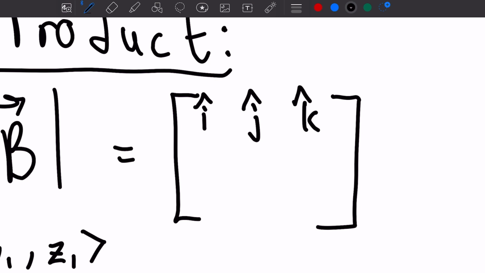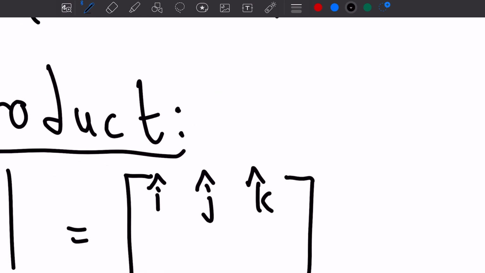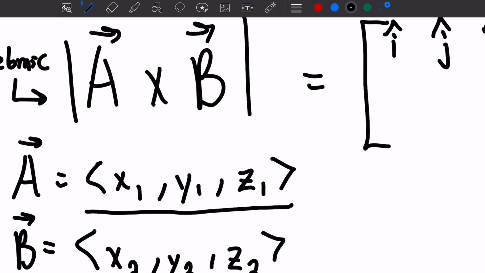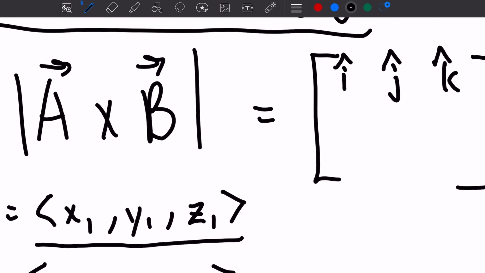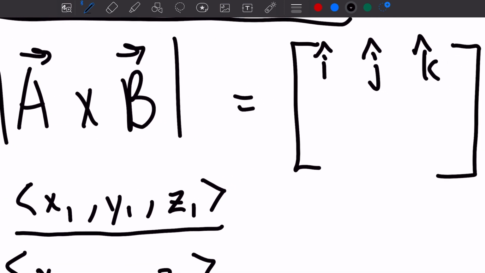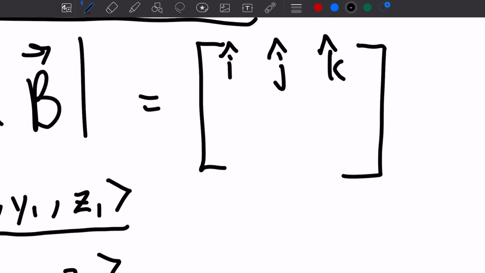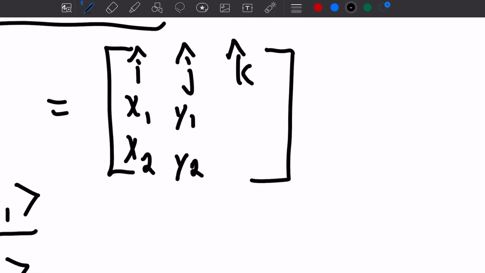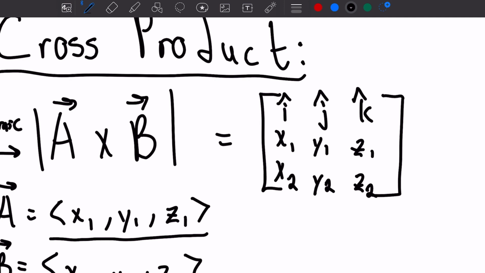So again, associate i with x: all of the x components will be going underneath our i value, all the y underneath our j value, and all of our z underneath our k value. So we will have x1 under i, x2 under i, then y1 under j, and y2 under j. Then the same thing goes with our z values. And there we go. Okay, so now we have our matrix set up. Now we have to solve it.